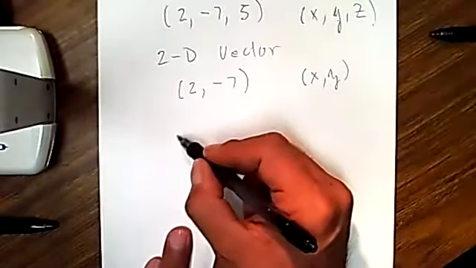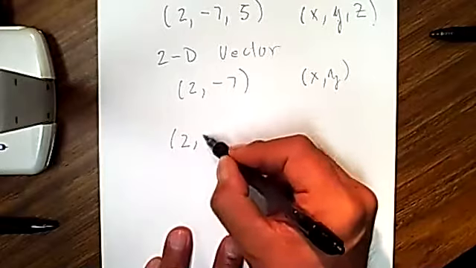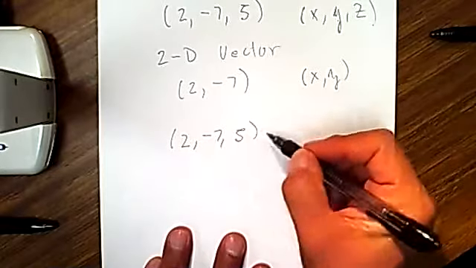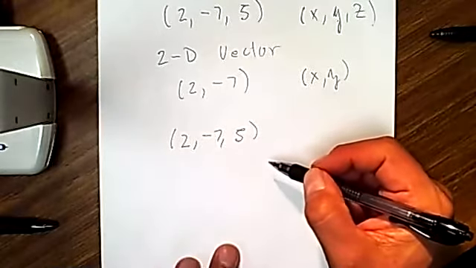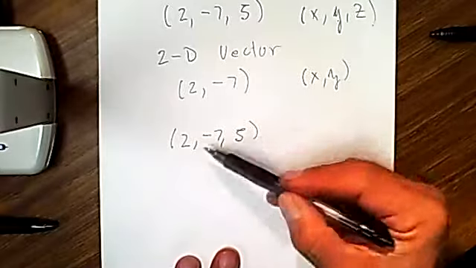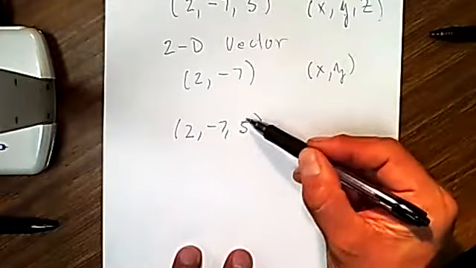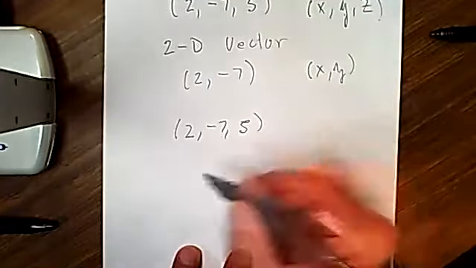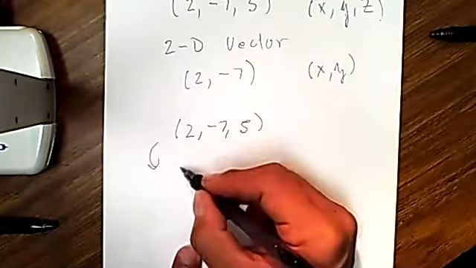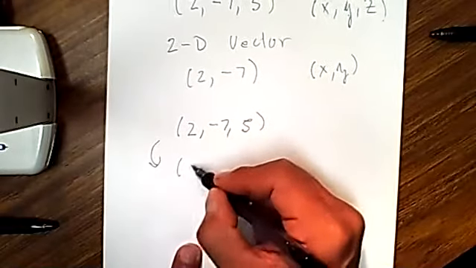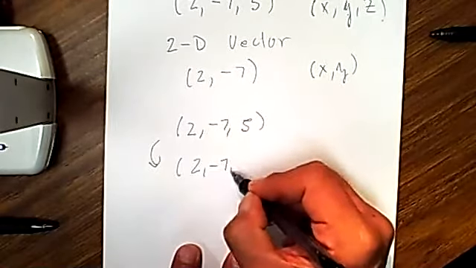So you could start with 2, -7, 5, and you can project that into the first two coordinates, and that means nullifying the 5, but we have to put an element in its place. So we have now 2, -7, 0.